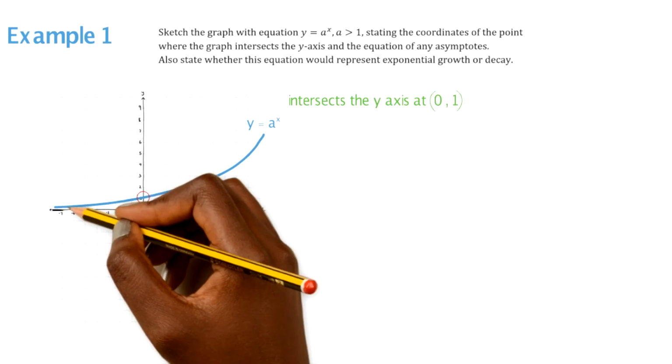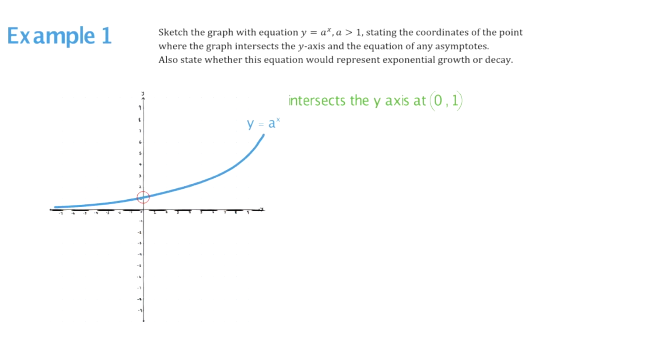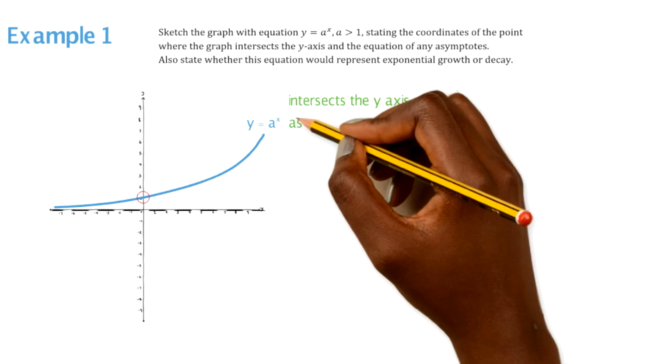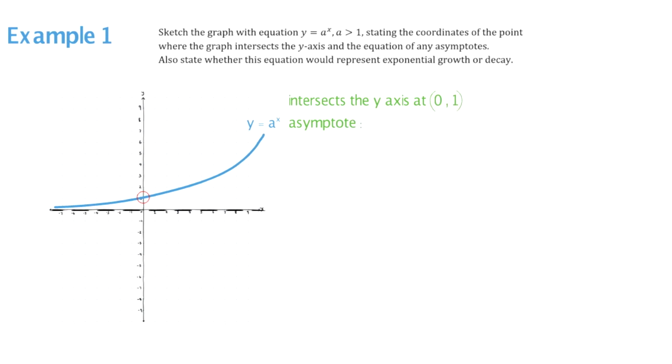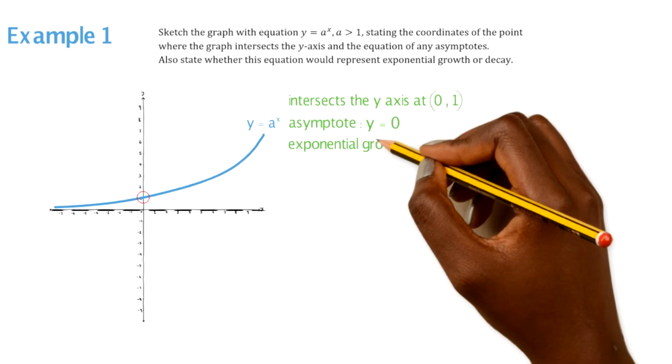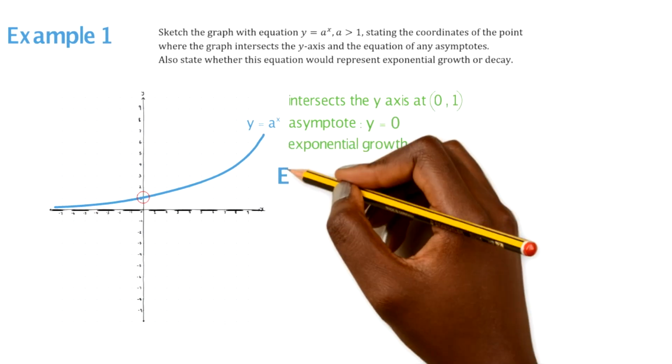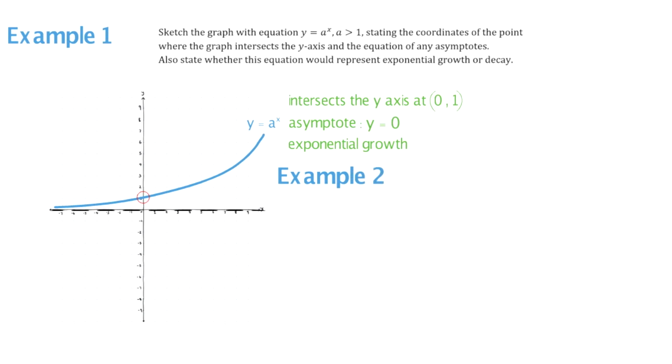So that's answering that point of any points that intersect the graph. And then in terms of any equations of the asymptote, in this case, the equation of the asymptote would be y is equal to 0. So that'll be a second mark there. And then the last mark, whether it's exponential growth or decay, is the growth, okay, because it's going up.